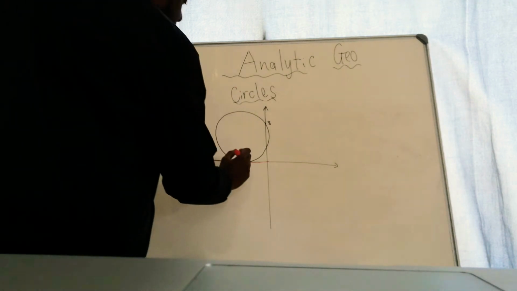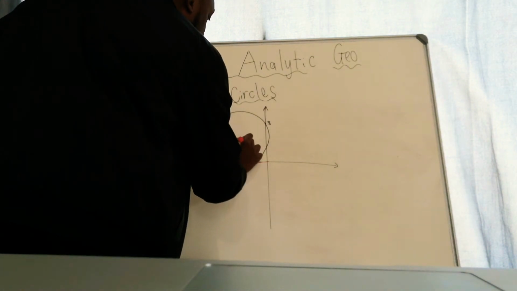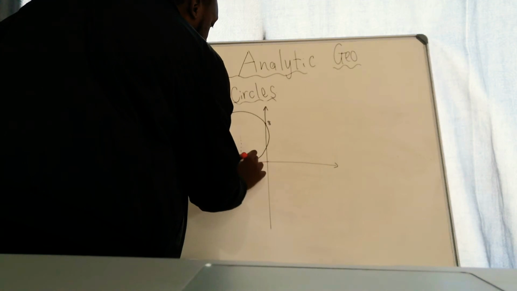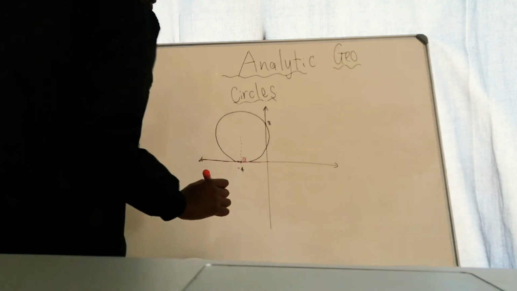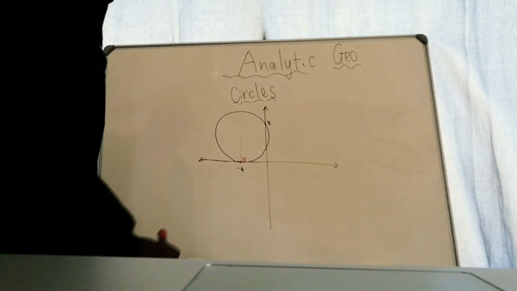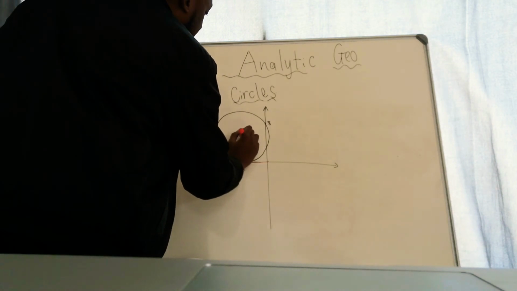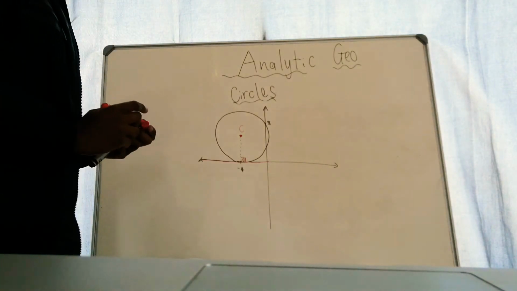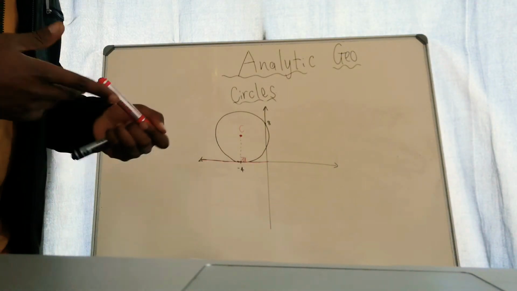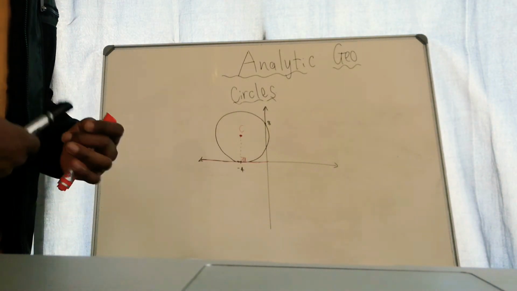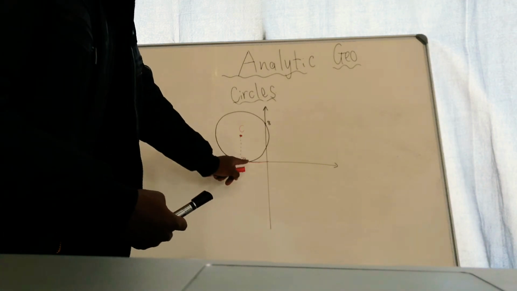So what I can tell is that if I draw a perpendicular line going from there, one that makes a 90 degrees, then this will certainly pass through my center. Right? That's what tangents and radiuses do. They make a 90-degree angle.